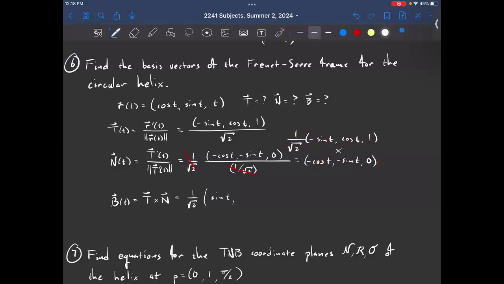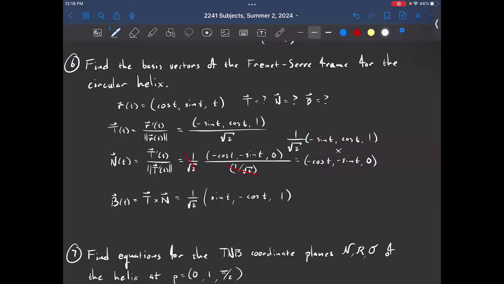So we just have minus cosine t. And then our last coordinate is sine squared minus negative cosine squared, or 1, using the Pythagorean theorem. And there is our binormal vector.